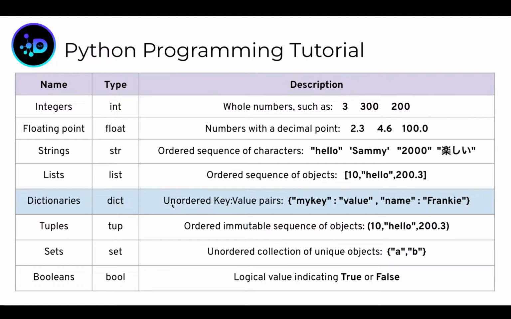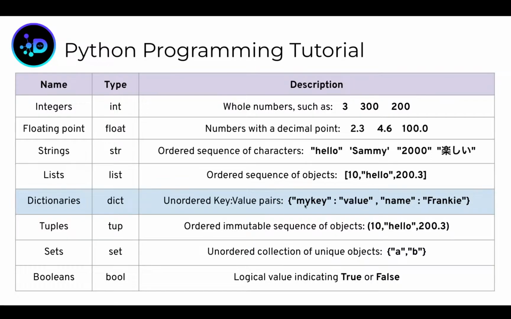So they are basically unordered key value pairs, right? And they are always represented inside curly braces. Inside the curly braces, you're going to have something called a key and the value, all right? The key is always in either single quotes or double quotes, and you use a colon to assign it to the value.